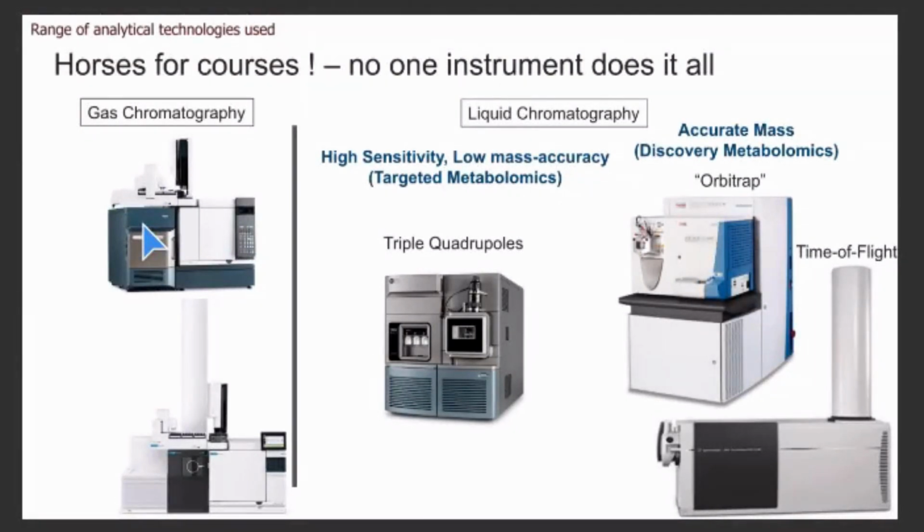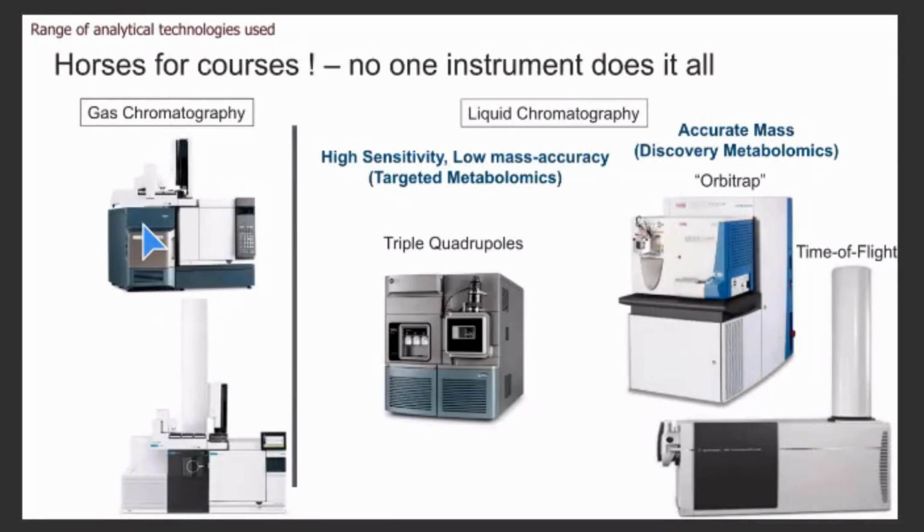One other question I'm often asked is what mass spectrometer should I actually buy to do this work? There is no one answer for that. Each instrument, and indeed each vendor's instrument, has its particular strengths and weaknesses, some of which I've highlighted here, such as accurate mass instruments are very good at discovery type of work where you don't really know what you're looking for and you want to calculate empirical formulas and do fragmentation patterns.